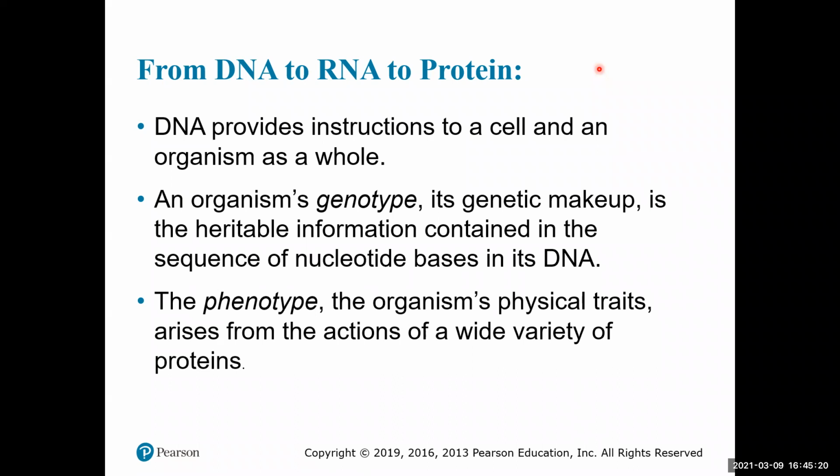an RNA molecule. And so basically, when we look at DNA, it really provides all of the instructions to a cell and an organism of what it's supposed to do. So, an organism's genotype, which is its genetic makeup, so the specific sequences of DNA that it has, is heritable information because that information is passed down from parent to offspring through their gametes because of meiosis.